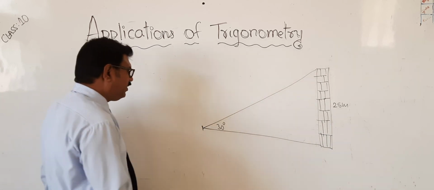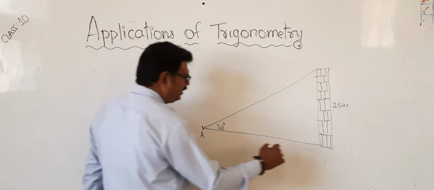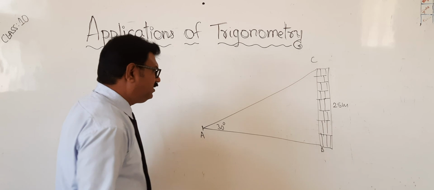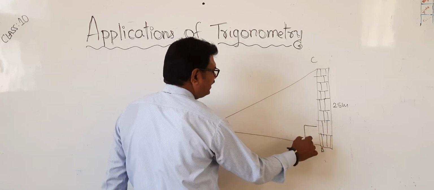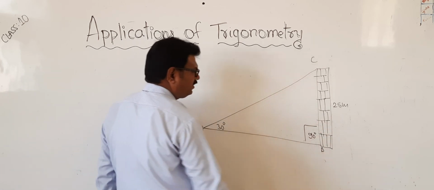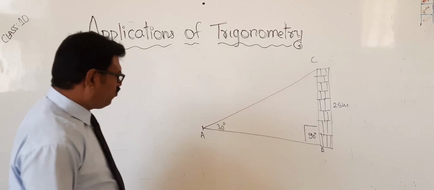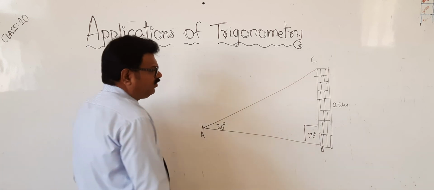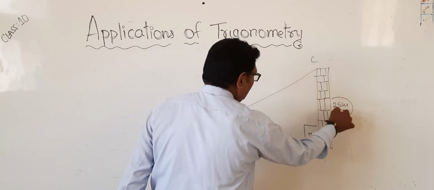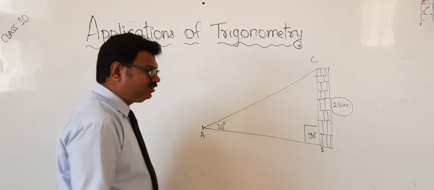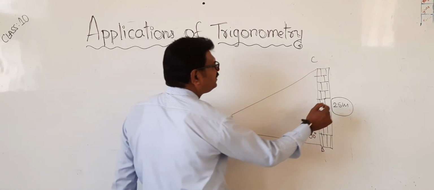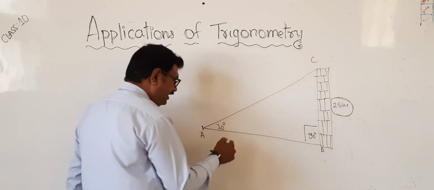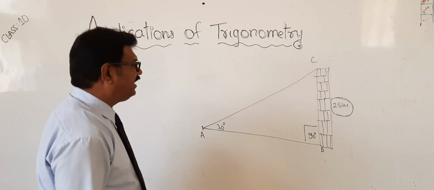So it is also very simple. Now you see, for example, ABC is a right angle triangle, with 90 degrees. Now we want the base. Therefore we should see the trigonometric ratio which will give the opposite side as well as the adjacent side.